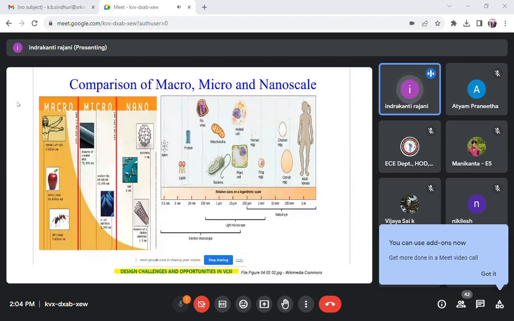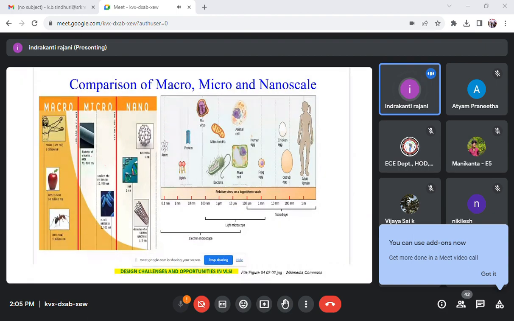If you see here, there is a macro scale, a micro scale, and a nano scale. The macro scale, we are able to see with our naked eye. Any object which we are able to view with our naked eye comes under macroscopic scales.